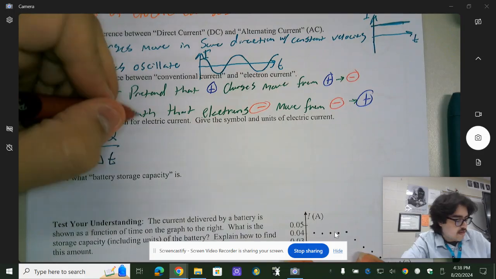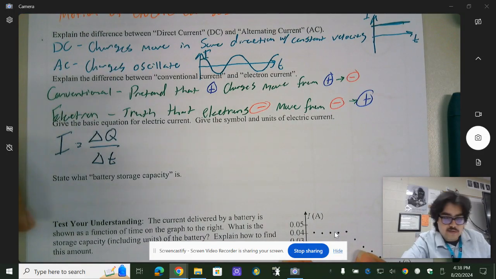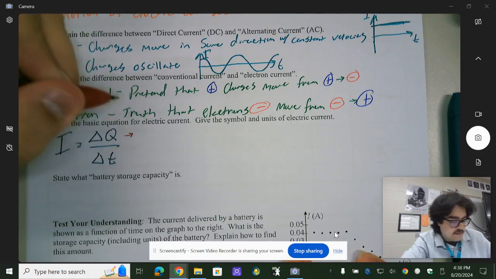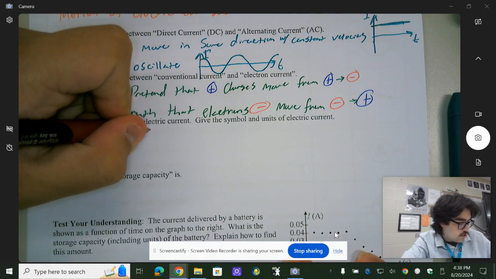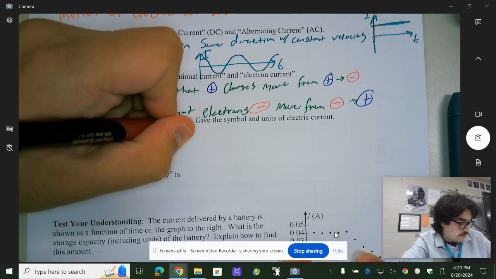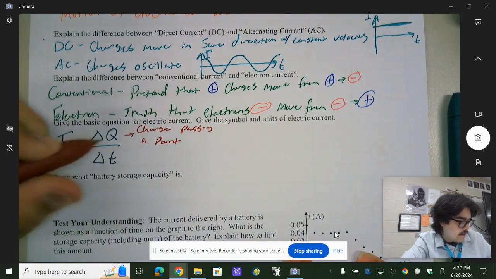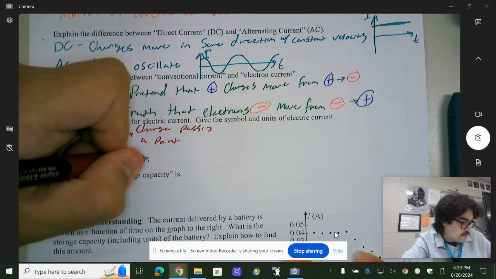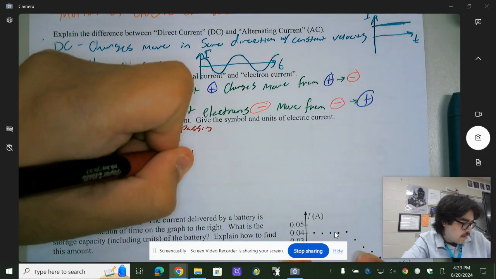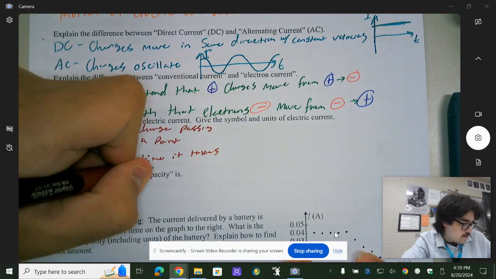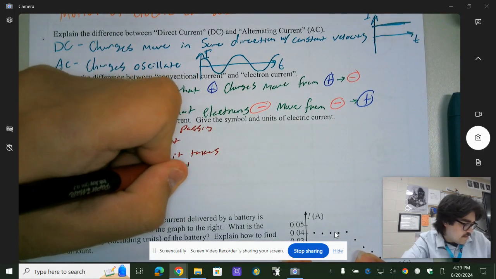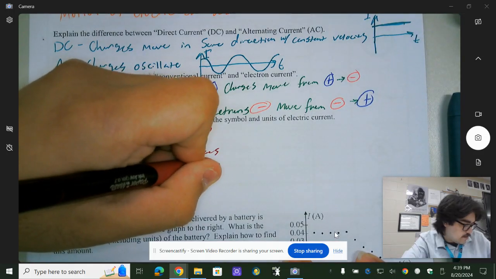So current is symbolized by I. This is the charge passing a point, and this is the time it takes to pass that point.